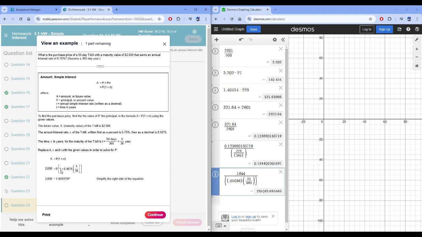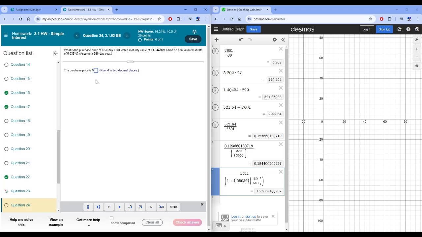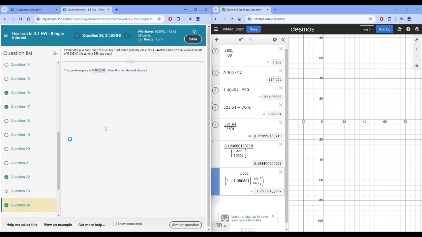Oh, it's 1 plus. So if I do 1 plus, okay, there it is. So I fixed it. So the purchasing price should be 1632.58. There we go. Cool.